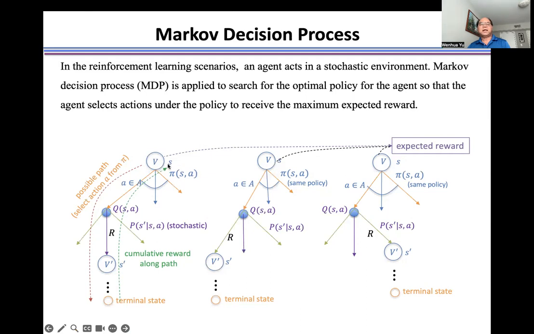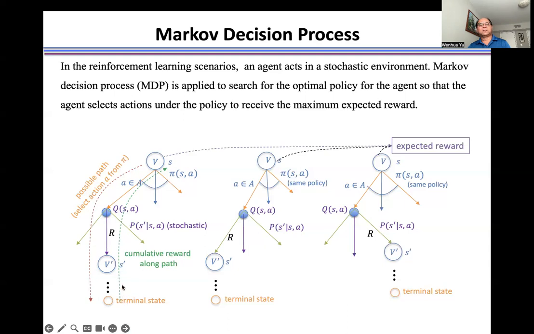Say the agent is at state S and follows the policy pi to select an action in the stochastic environment to get a reward, and step by step reaches the terminal state, and we back up.